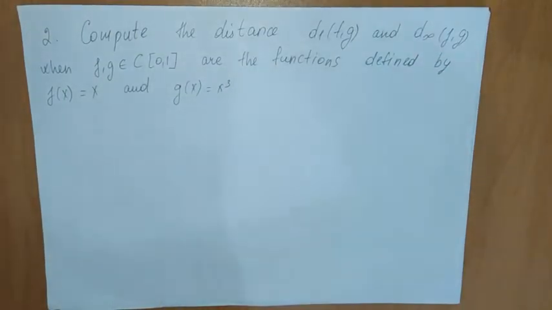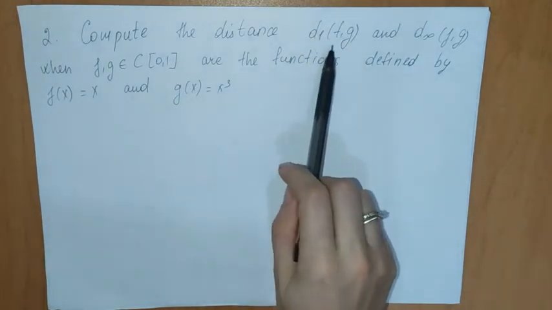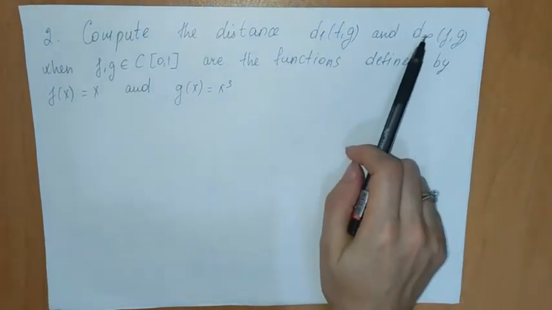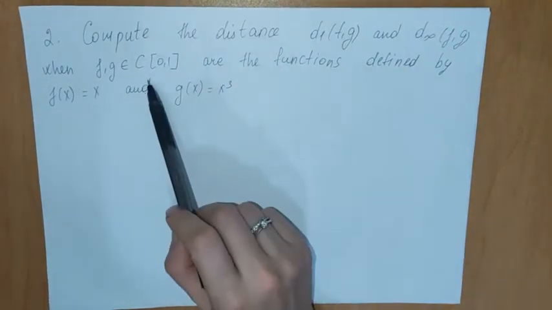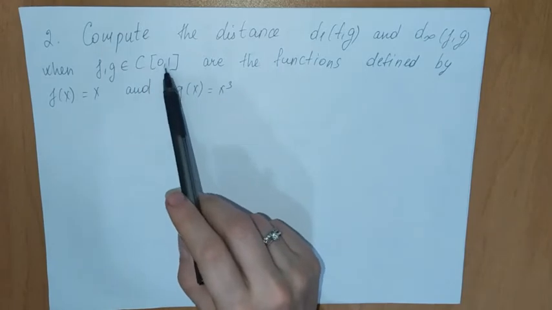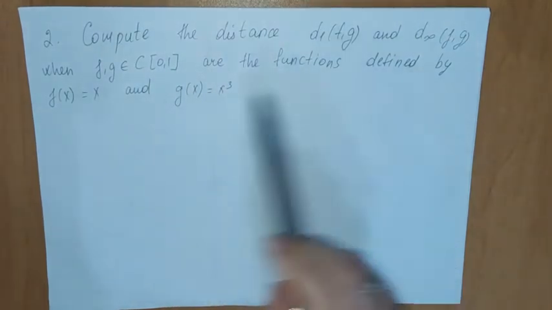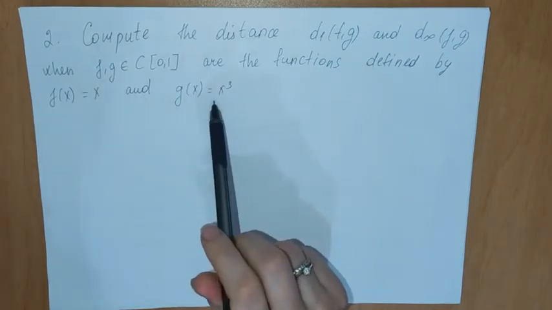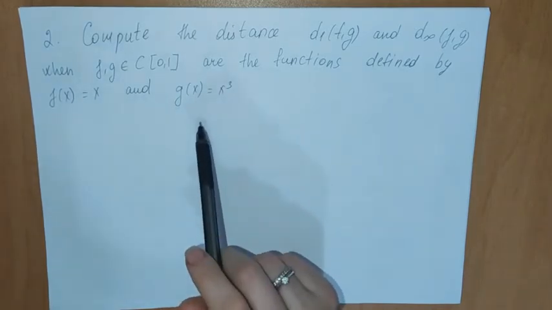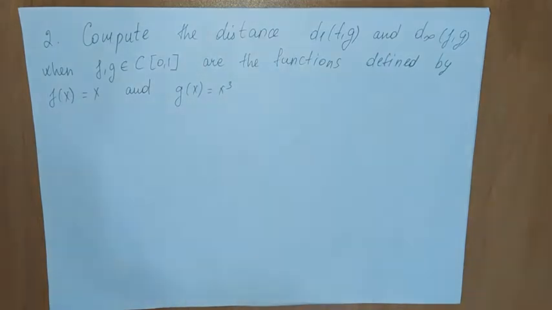The second type of question is: compute the distances d1(f,g) and d infinity(f,g), where f and g from the closed interval [0,1] are the functions defined by f(x) equal to x and g(x) equal to x cubed. Let's compute.